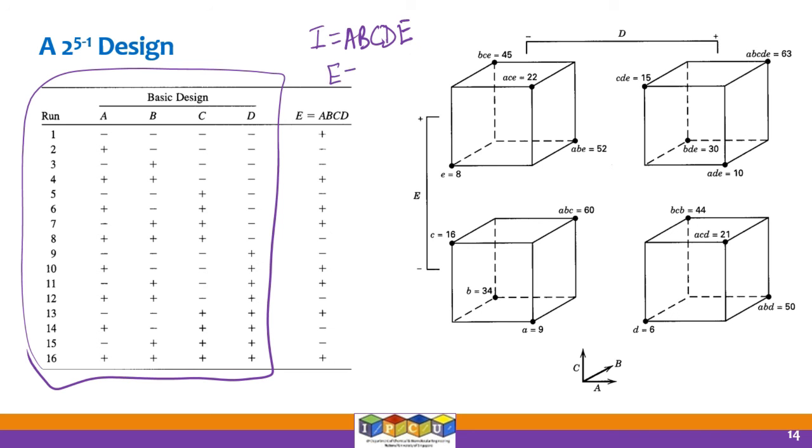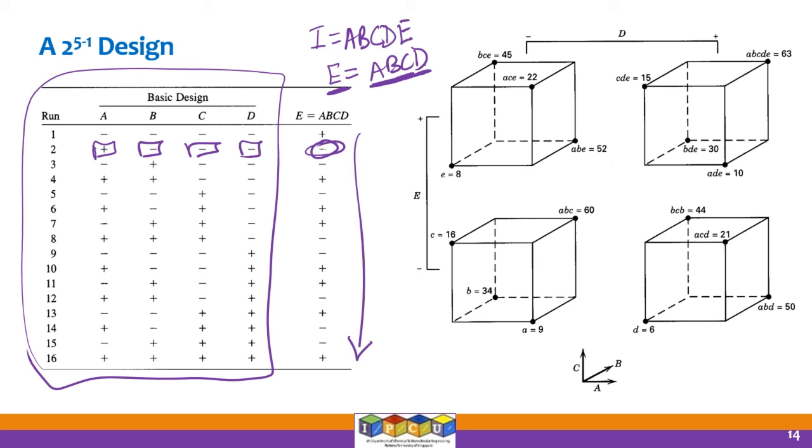If you multiply both sides by E, you will get E is equal to A, B, C, D. So the settings for E factor are going to be equal to the pattern which comes from A times B times C times D. So this is minus because A times B times C times D is plus 1 multiplied by minus 1 multiplied by minus 1 multiplied by minus 1 will be minus 1. So that is how you get the E design.